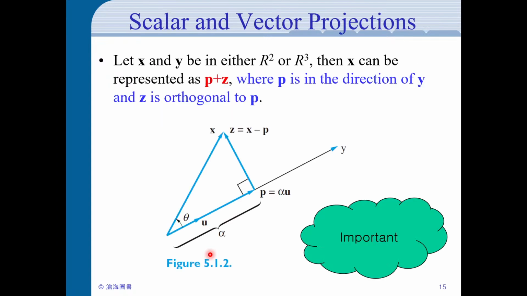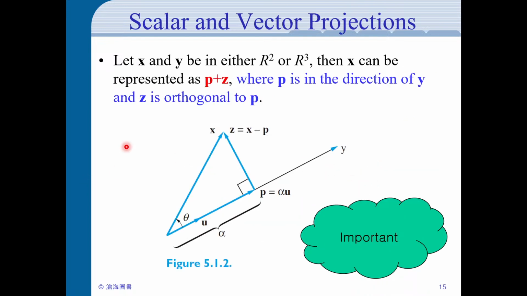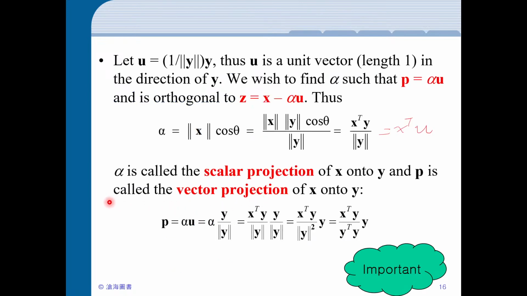Then this alpha is called the scalar projection of x onto y. It's the length of x's projection onto y. Also we want to know the vector projection of x onto y.